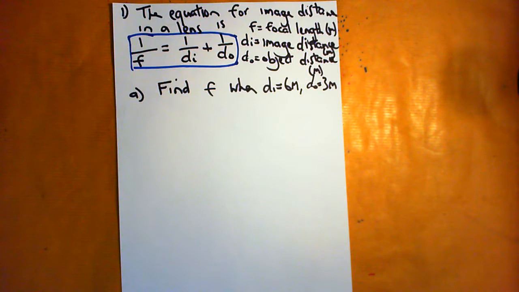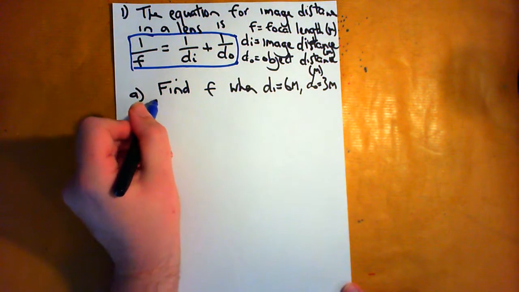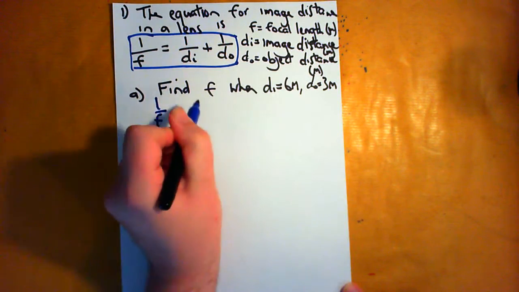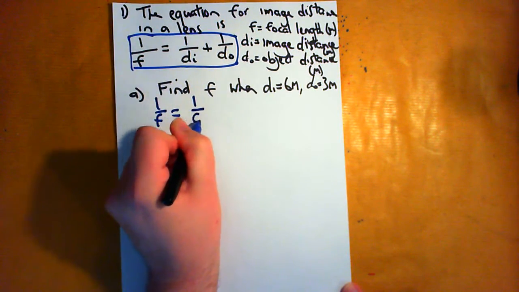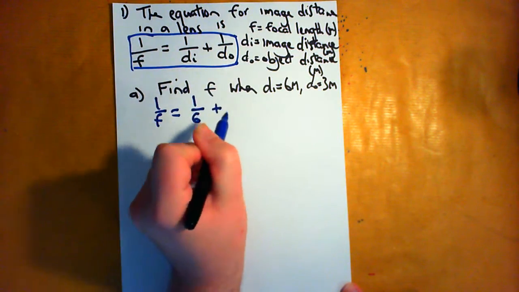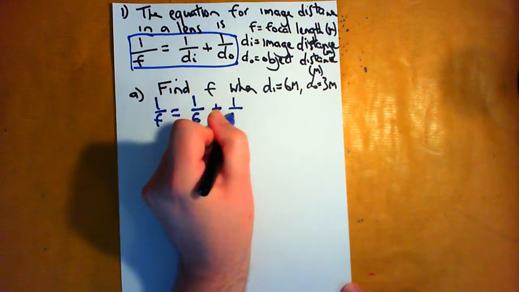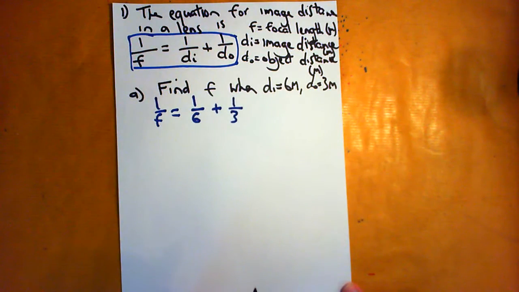First task is to find the focal length, f, when di is 6 and do is 3. So we have 1 over f equals 1 over di, which is 6, plus 1 over do. Well, do is 3. We can't add those fractions directly yet because we have different denominators.